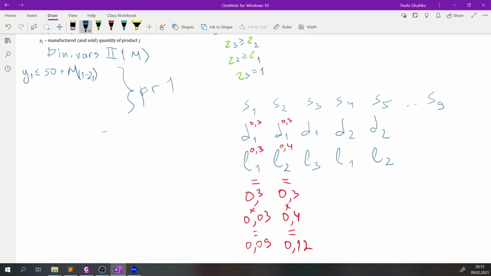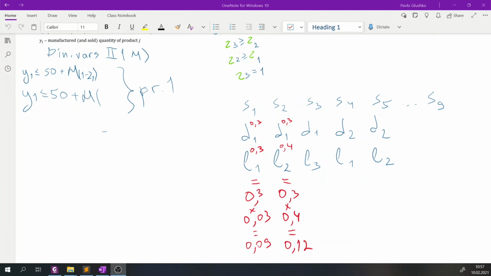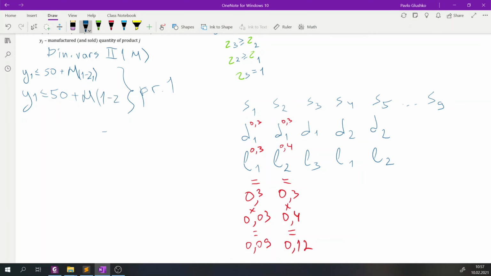Demand there will be the same, so I can write it here as y1 less or equal again to 50, but now I have another decision variable naturally for scenario 2, so it's plus M times 1 minus z2. Then for scenario 3, demand would again be the same, 50, right?